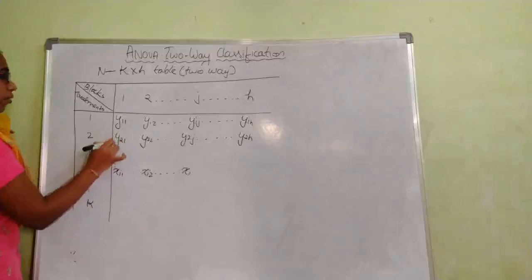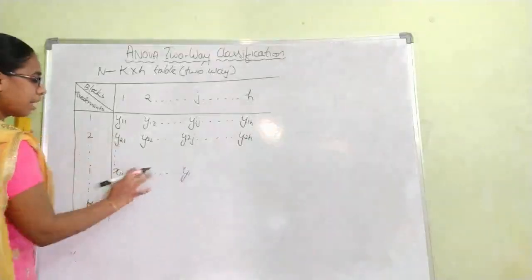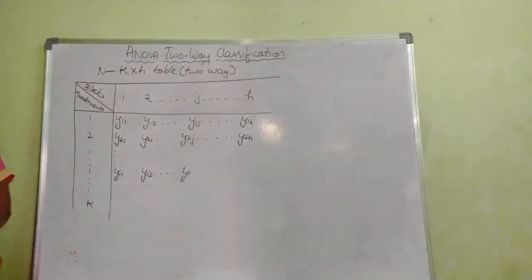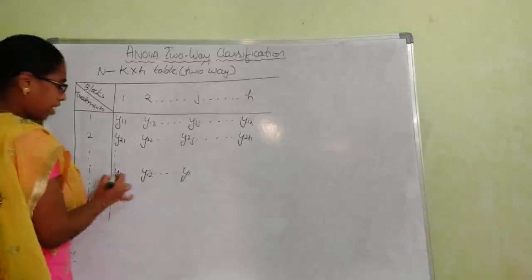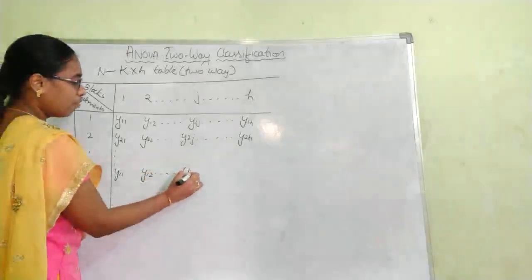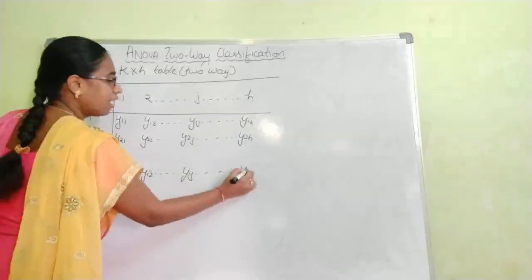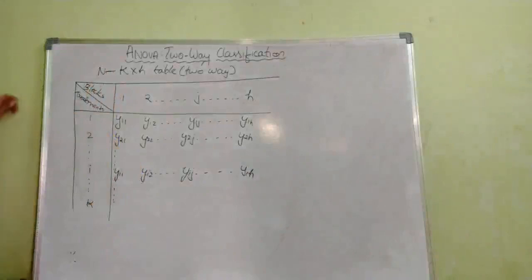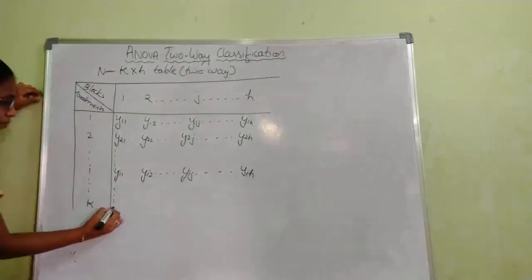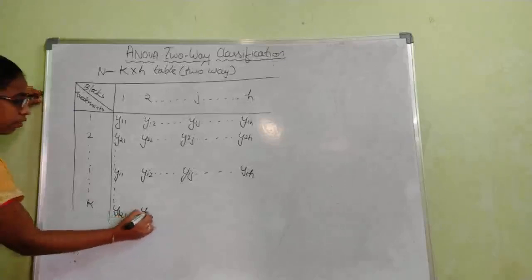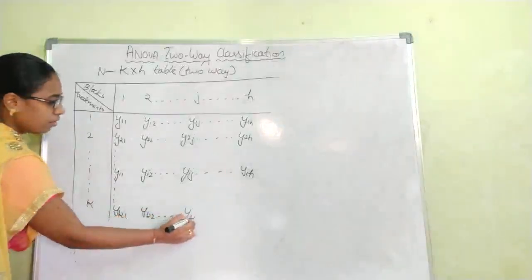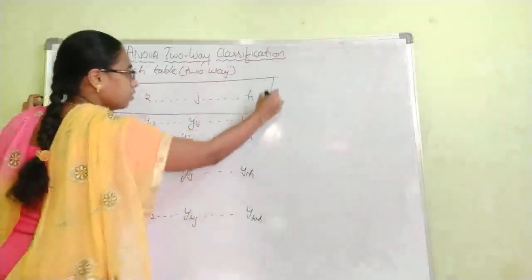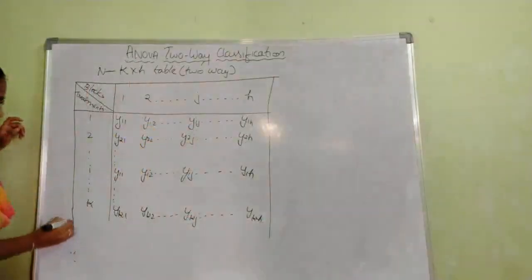The random variable we took y, and the observation we took as yij. So yi1, yi2, so on, yij up to yih. Similarly, the kth treatment value, that is the last value in your block: yk1, yk2, so on, ykj, so on, ykh. So these are the different observations.